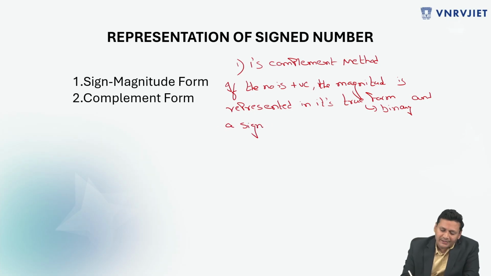I hope you remember what a sign bit is. For representing a positive number, it is 0. Sign bit 0 is placed in front of the MSB.